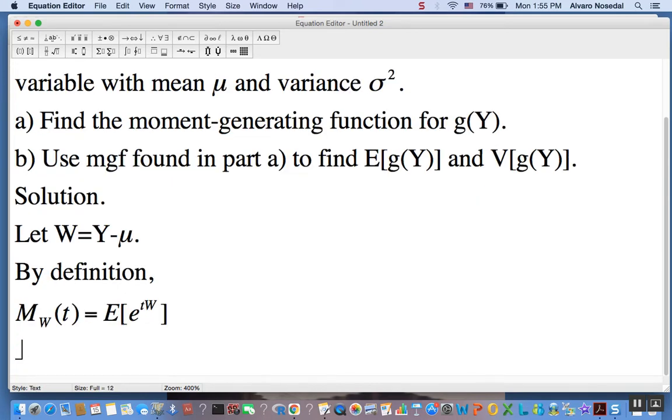Right? Easy. Straightforward, right? But now let's substitute what w stands for. So w is y minus mu, right? So we have the expected value of e to the power t times (y minus mu).